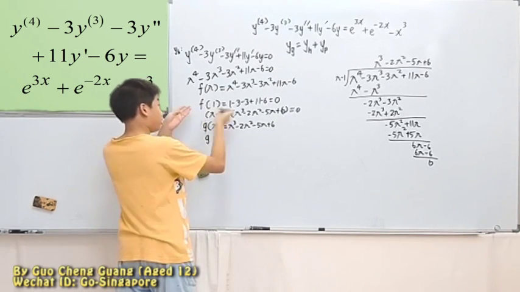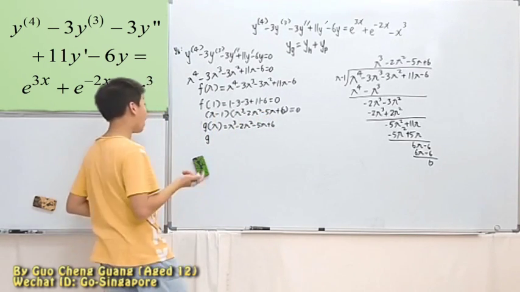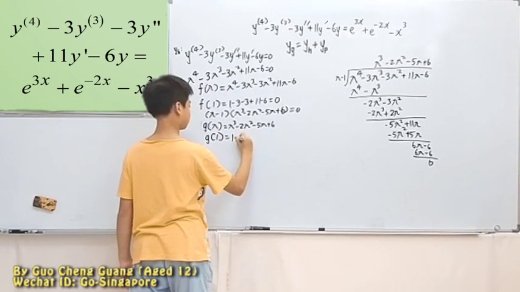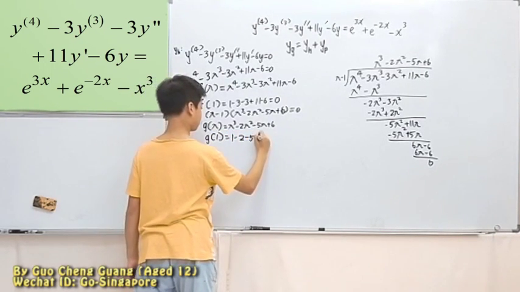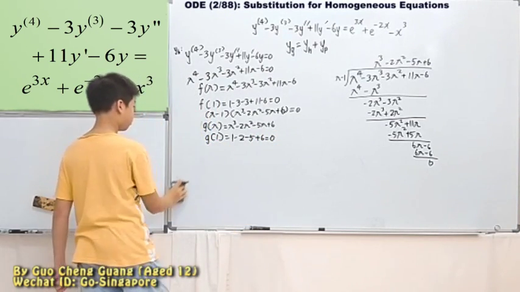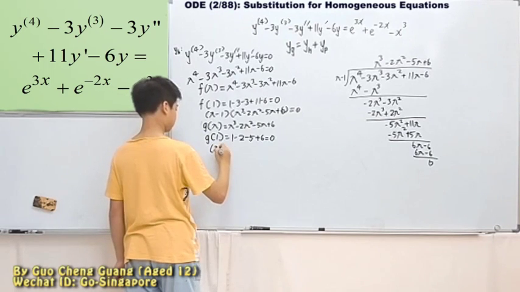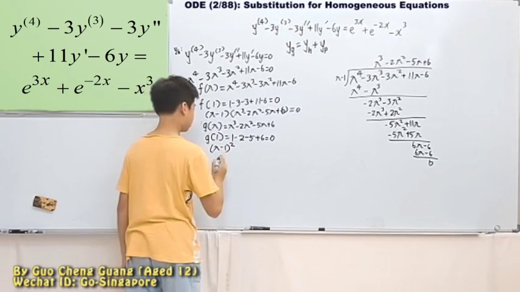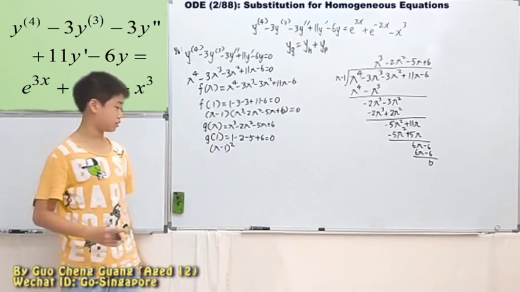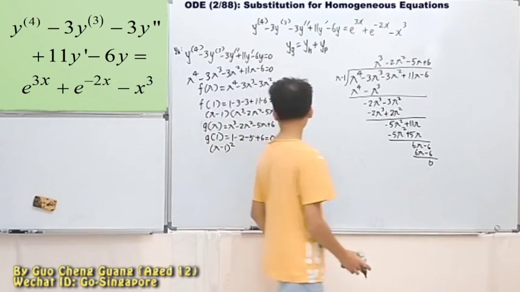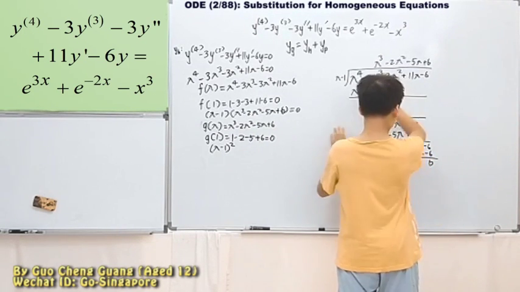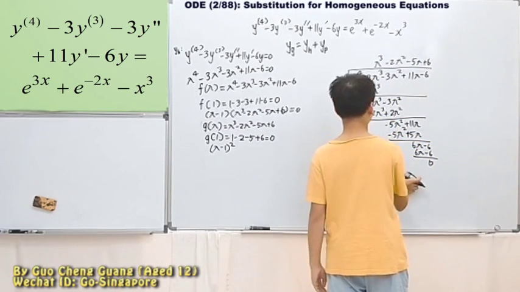For example, we can still choose to try out 1, and it still gives us 0. That means here you have lambda minus 1 squared. To find the other part, we'll need to use long division again.